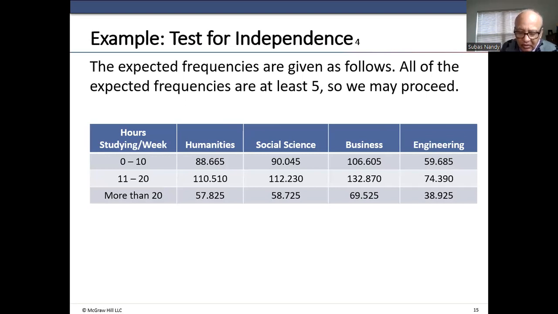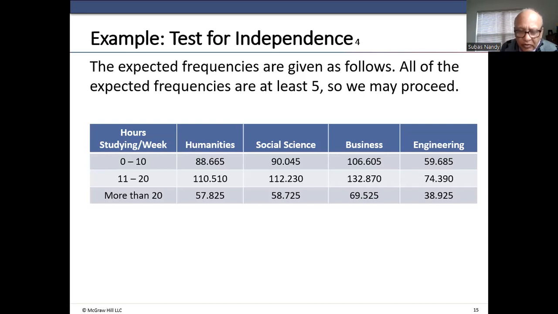The first number is 88.665. Next one is 90.045. Next one is 106.605. And next one is 59.685. Go to the second row: 110.51, 112.23, 132.87, and 74.39.